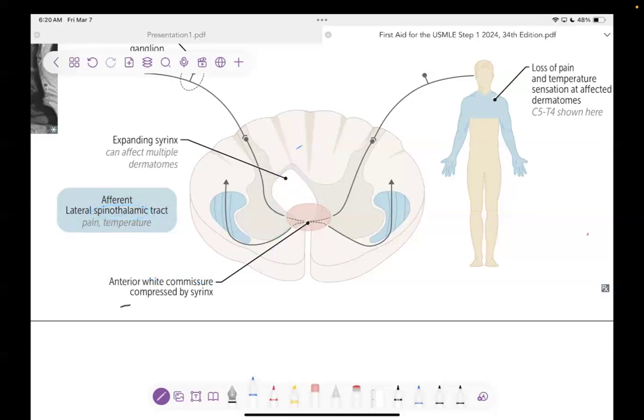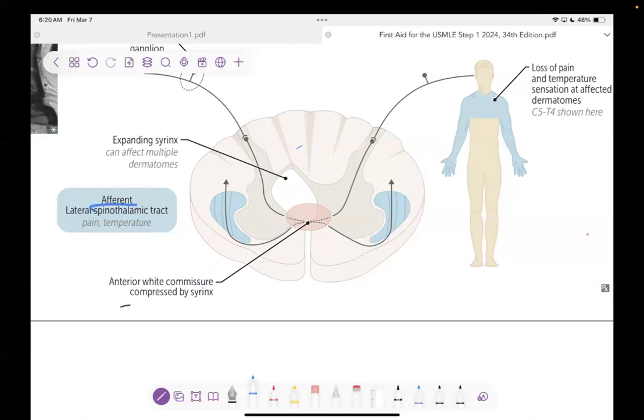So as I said, all the nerves that go up and come down from the brain should cross, because the right side of the brain controls the left side of the body, and the left side of the brain controls the right side. So these fibers should cross.